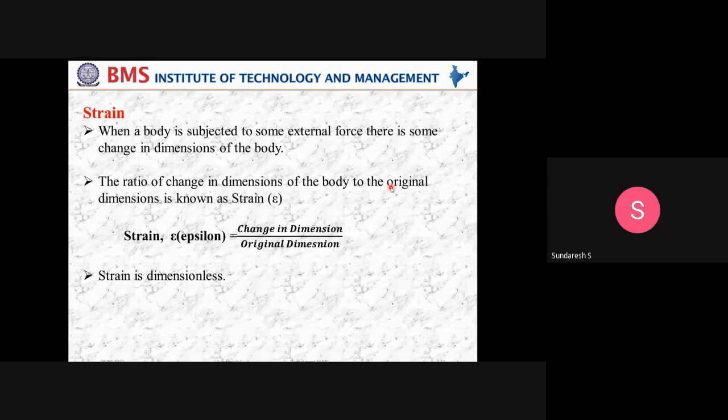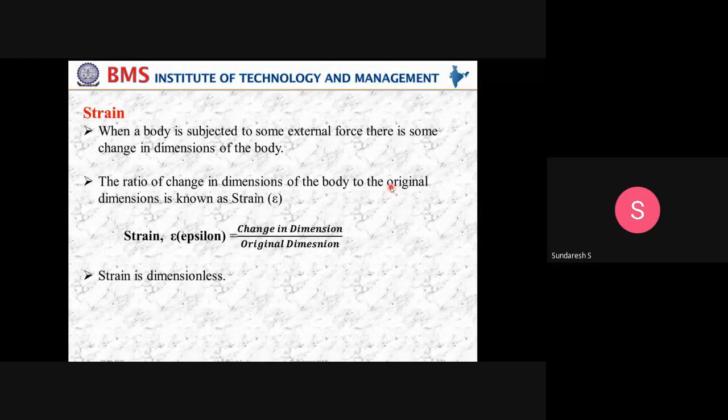We discussed what a stress is: the force of resistance offered by a body against deformation. Next comes the word strain, because when a member is subjected to external loading, it definitely undergoes a deformation. We are discussing only deformable bodies.